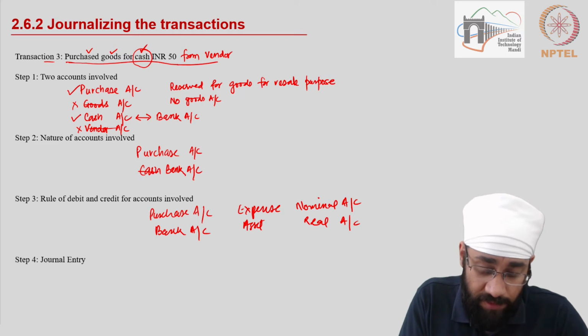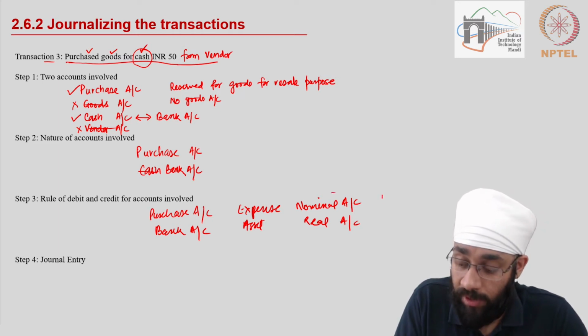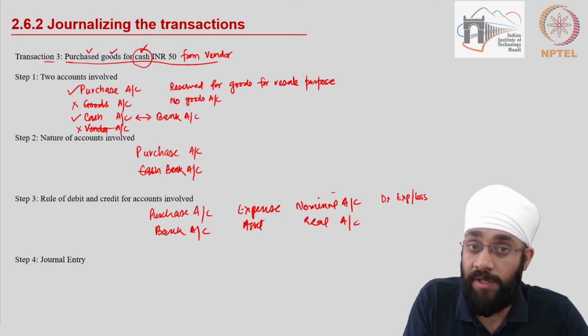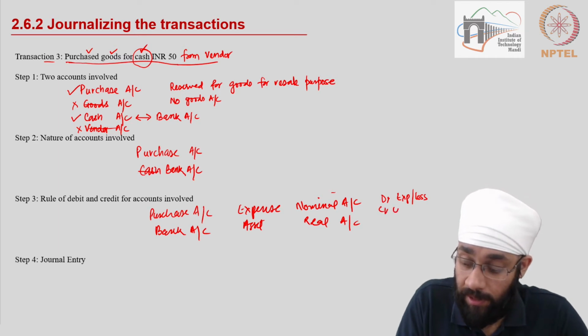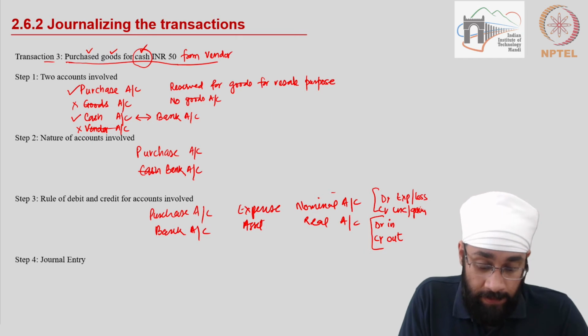The rule of debit and credit. So nominal account, the rule is debit all expenses and losses, and credit all incomes and gains. For bank account, real account, debit what comes in and credit what goes out. So these are the two rules that we have to follow.